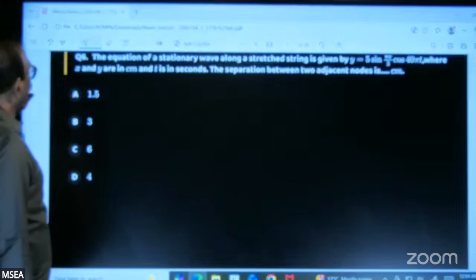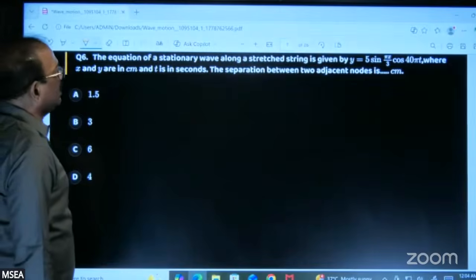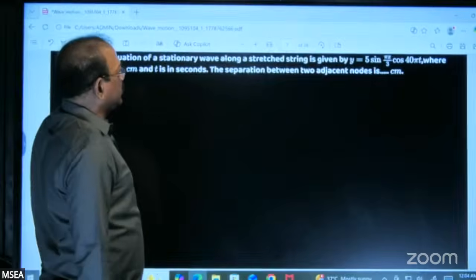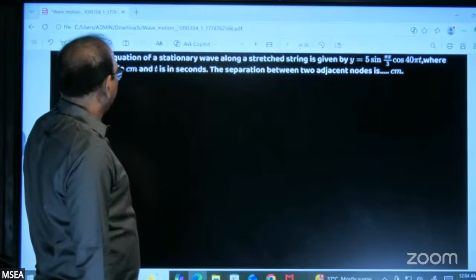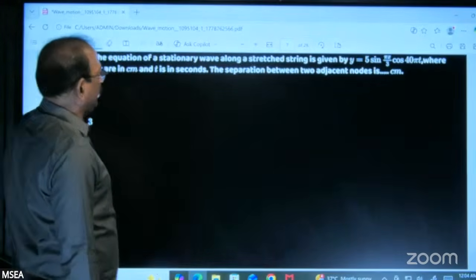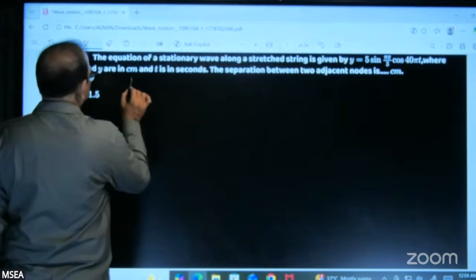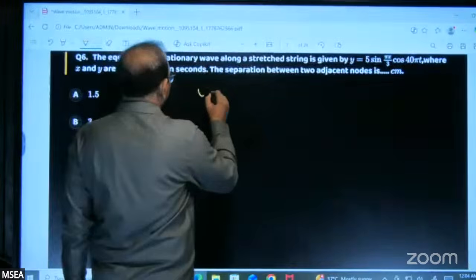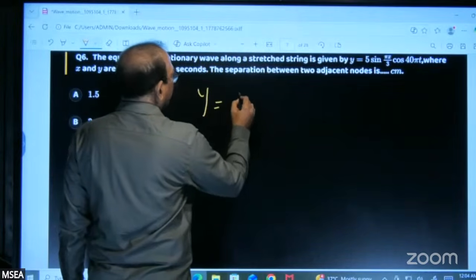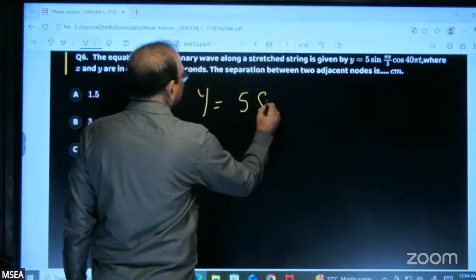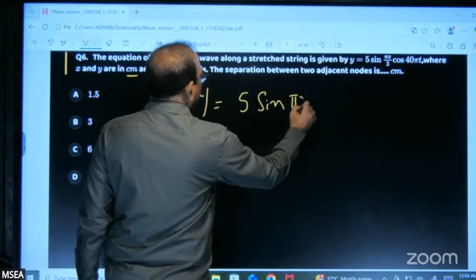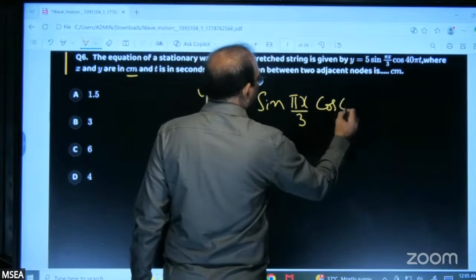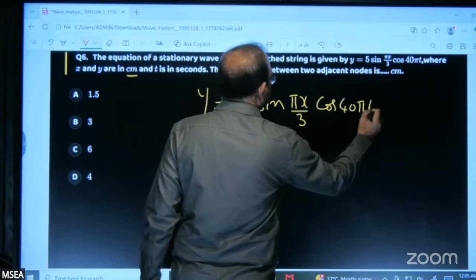Next question 6. The equation of a stationary wave along a stretched string is given. The separation between adjacent nodes is asked. All are in centimeter here. What is the stationary wave equation given here? Y equal to 5 sine pi x by 3 cos 40 pi t.